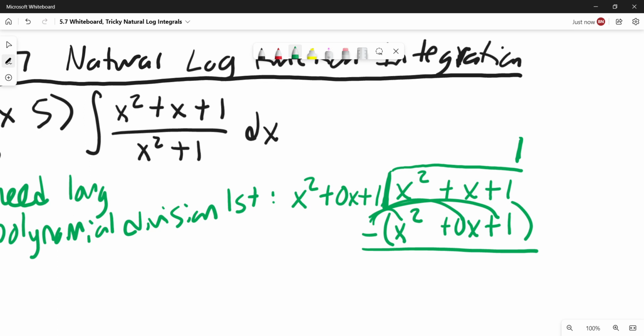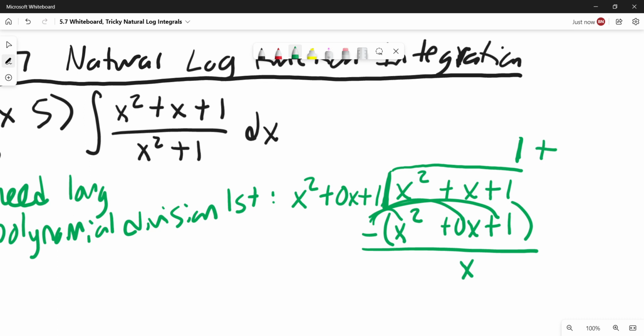Okay, so x squared minus x squared is 0. x minus 0x is x. 1 minus 1 is 0. So we're left with an x. Remember the remainder goes up here.